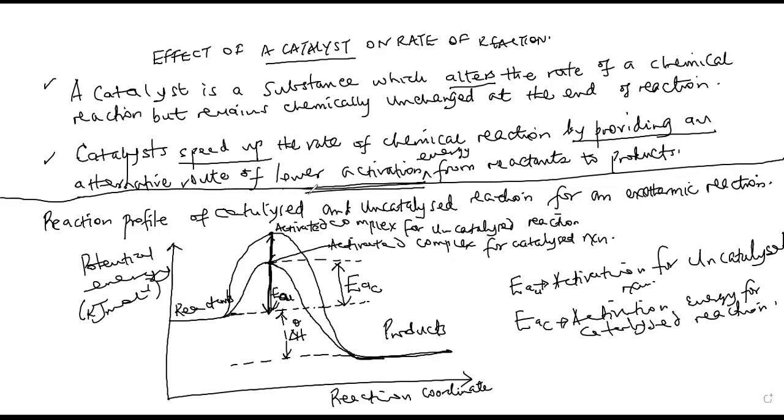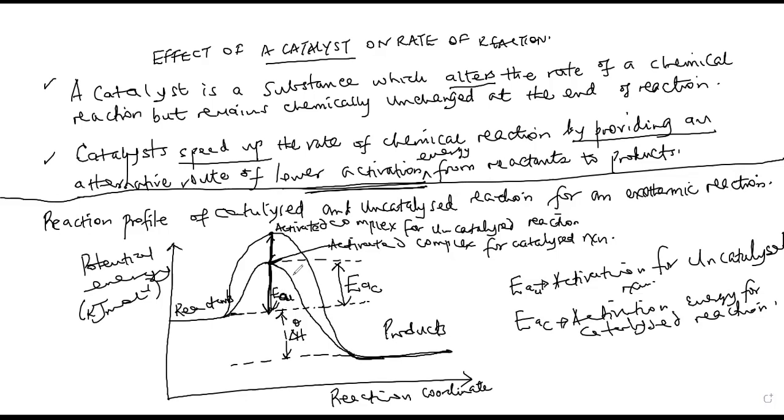That's why for a catalyzed reaction, the activation energy must be lower from here up to here. Reactants need little amounts of energy to react to products, so the energy possessed by the reactants is not much.